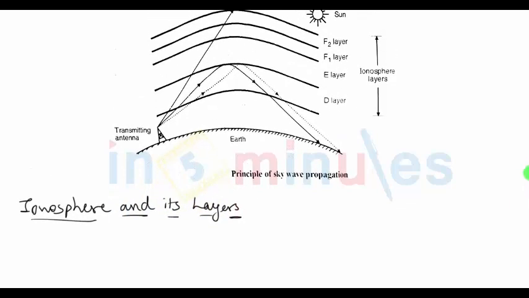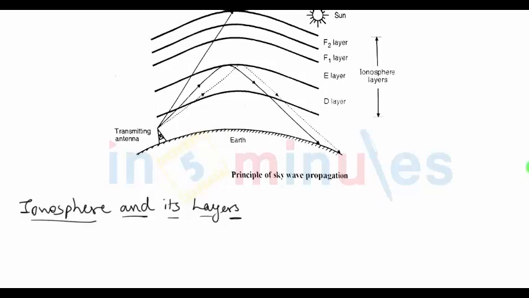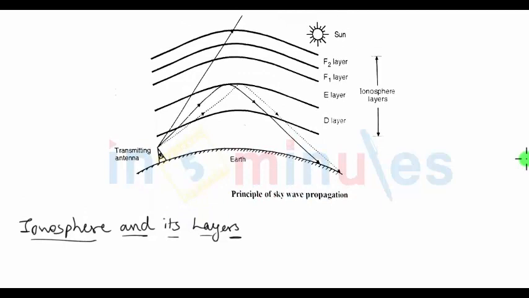The atoms take an extra electron or lose one to become negative or positive ions respectively. Free electrons are also present, and this layer of ions is known as the ionosphere. It's a thick but invisible layer, and as we can see, it is represented in the form of its own various layers in this particular figure.